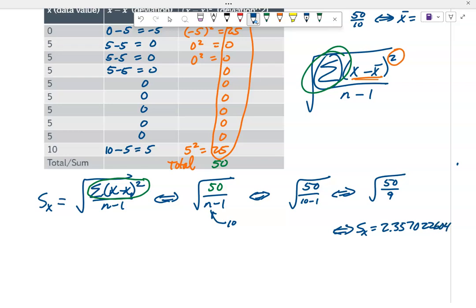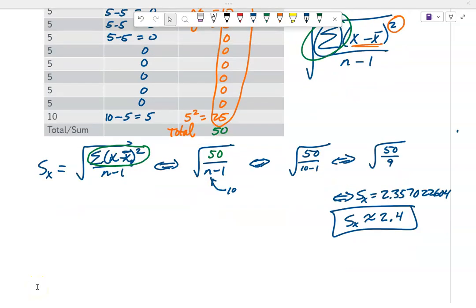Make sure, again, you punch in the square root of 50 over 9. And we'll round this to 1 decimal more than the data, so 2.4. So that's our sample variance, or I'm sorry, sample standard deviation.